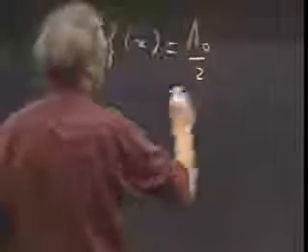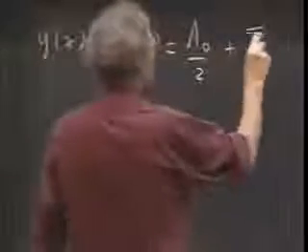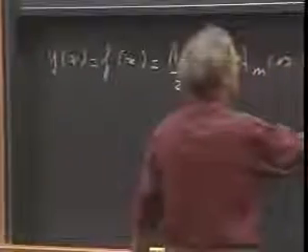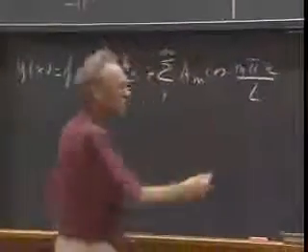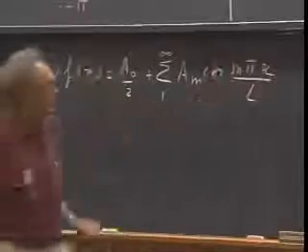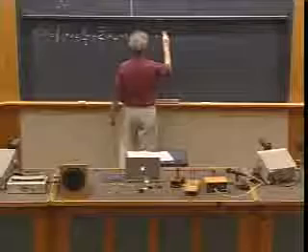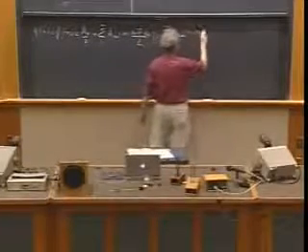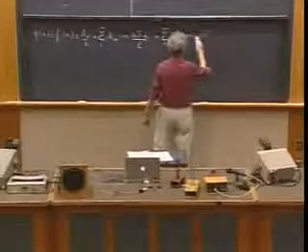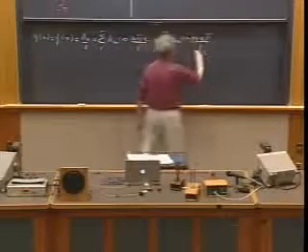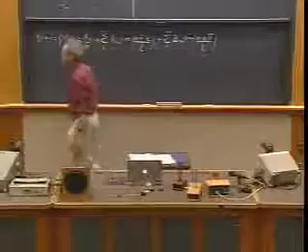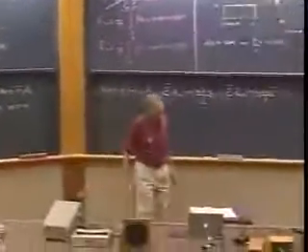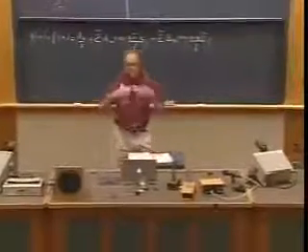A0 divided by 2 plus the sum from 1 to infinity of a of m times the cosine of m pi x over L. This is now our x, this is x in meters, plus the sum 1 to infinity of b of m times the sine of m pi x divided by L. And so now we have made a modification to the general idea, which is in radians, to be applicable to a case whereby we don't have radians, but we have x in meters.